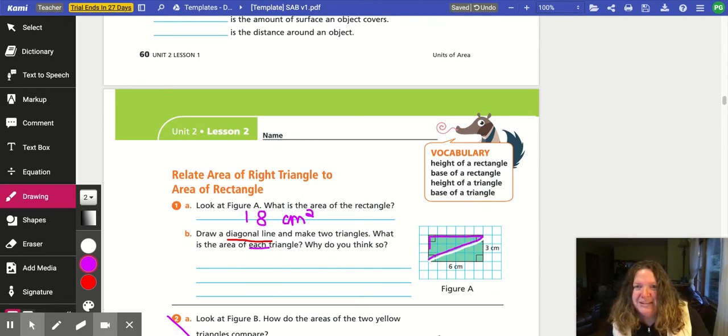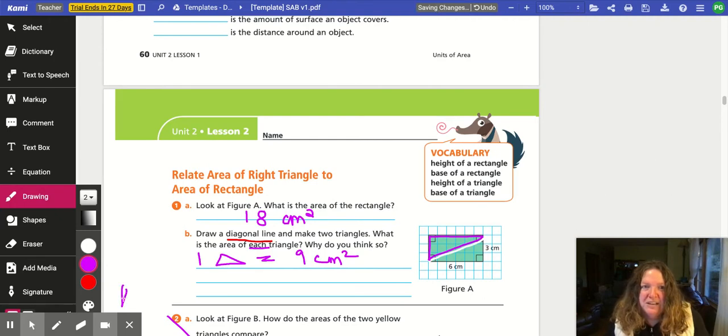The answer is it's half of the rectangle. So if the rectangle was 18, one triangle equals 9 square centimeters.